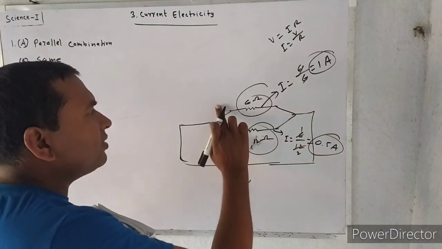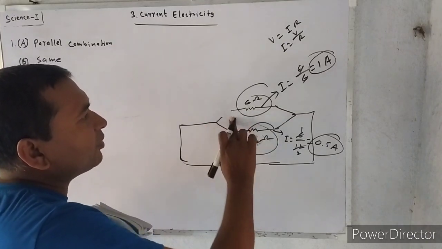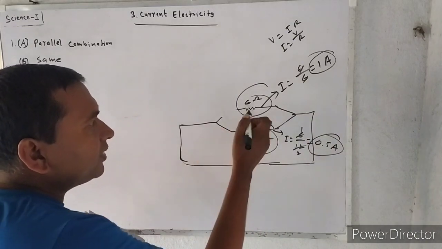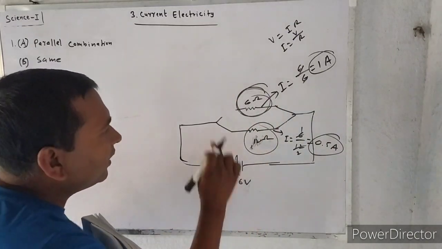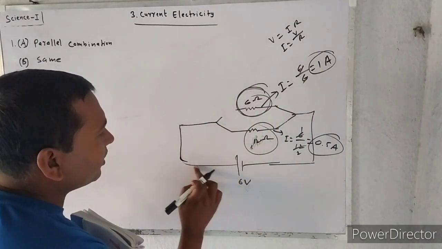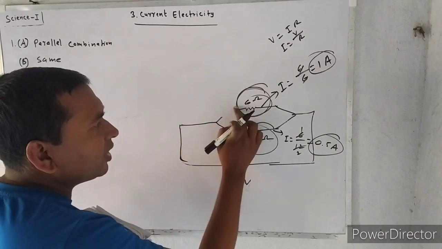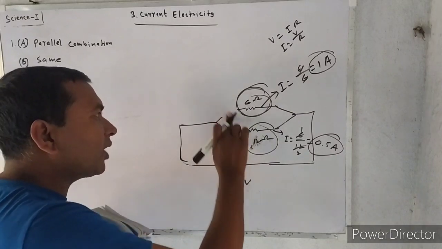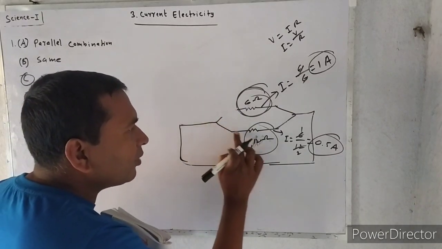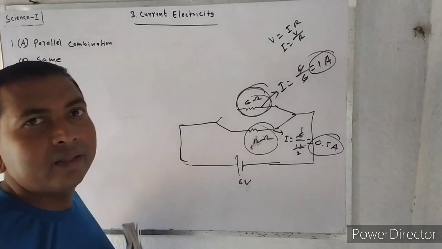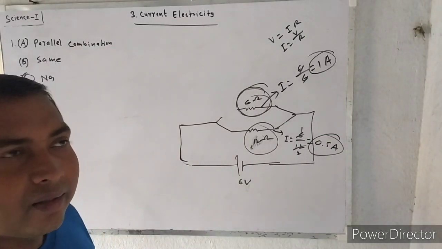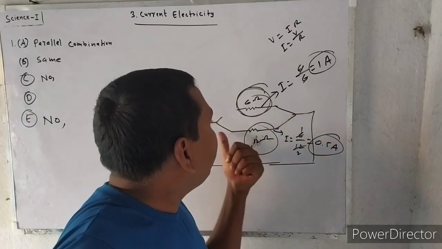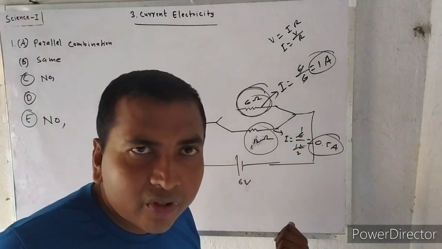The reason is, suppose you have broken the wire from here. It means current will not flow from here, so this will not work. But this will work, because current will pass through this branch. Current will not go in the broken branch, but this is a continuous path, and we know that to flow electric current there must be a continuous path.